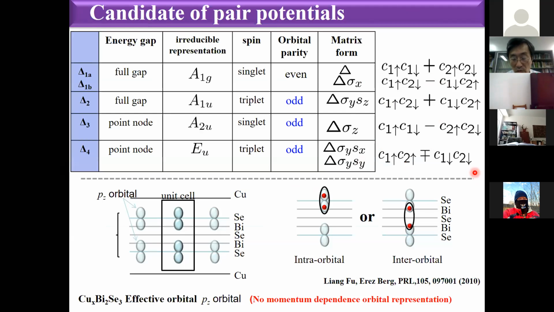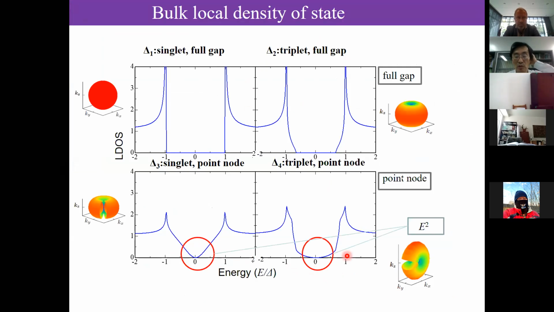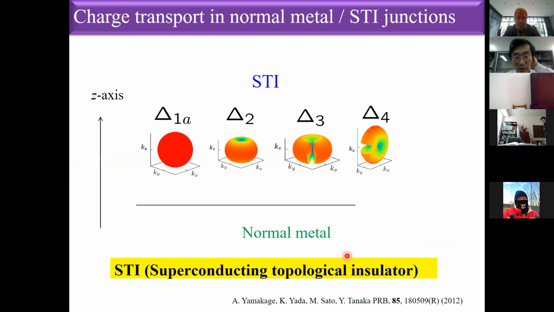So let's briefly look at this nature. The suggested pair potential has, in some models, a gap-like structure, and in some models, a point-like node. So the density of states is proportional to E squared at low energy. Then let's look at the surface state charge transport problem in a normal metal superconducting topological insulator junction.